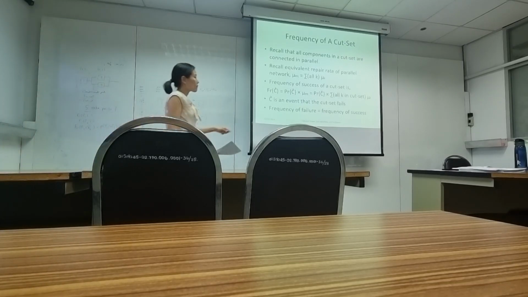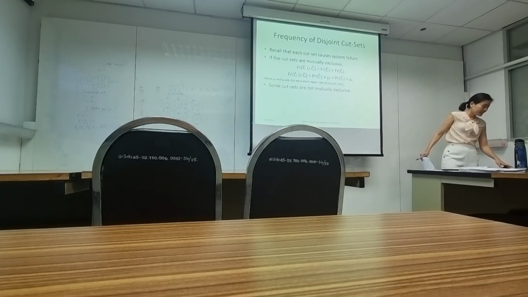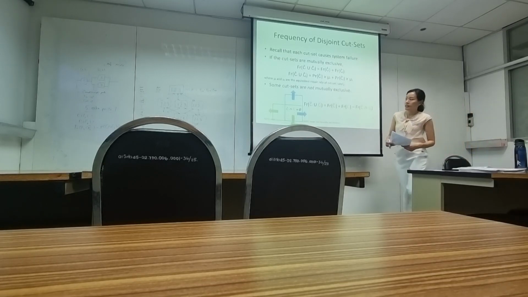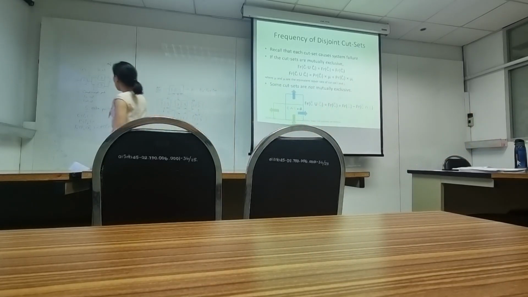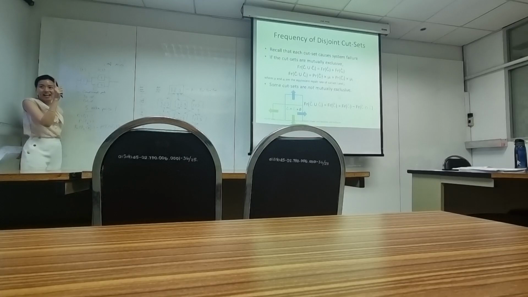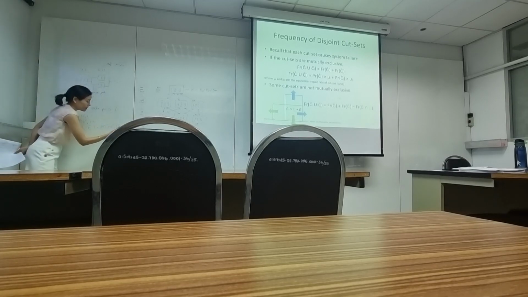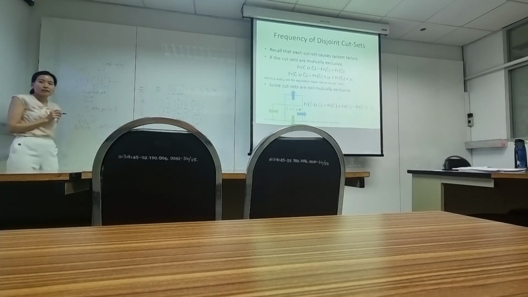Now, when we look at this, luckily there is no double count in cut set 1 and cut set 2. Why? Because each component appears only one time in each of these minimum cut sets. Okay, that is why you can add all of them together.